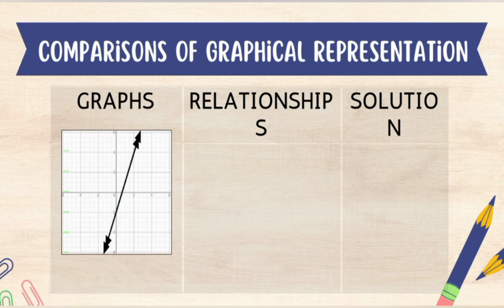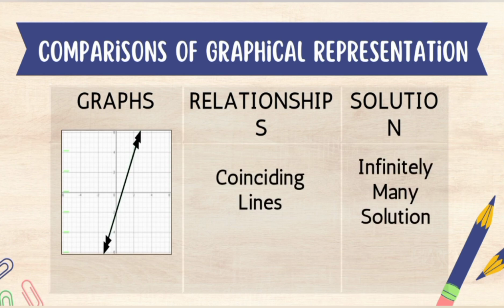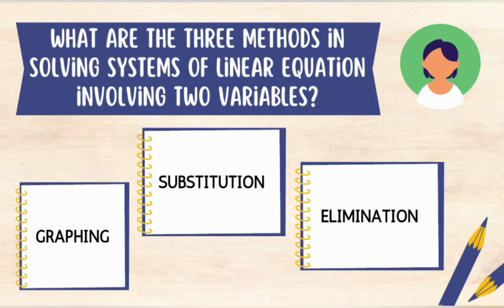And lastly is two lines on the same line. The relationship of this is coinciding lines, and it has infinitely many solutions.